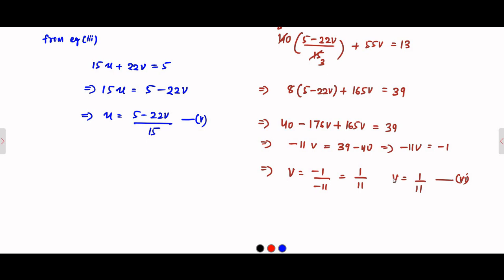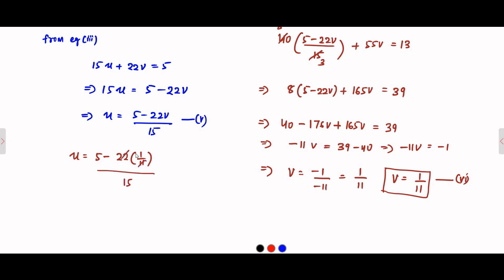Now we will substitute this v value here to get u. So u is equal to (5 minus 22 into 1 by 11) by 15.